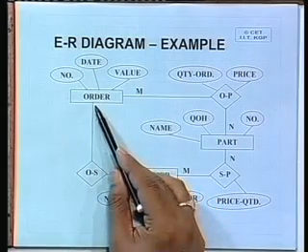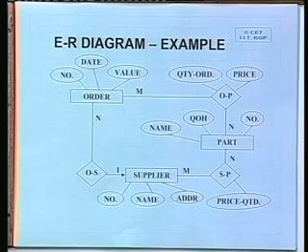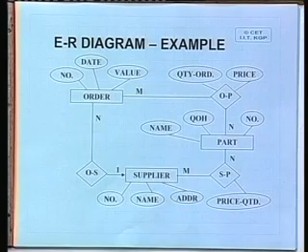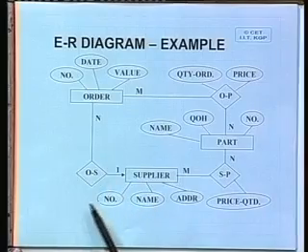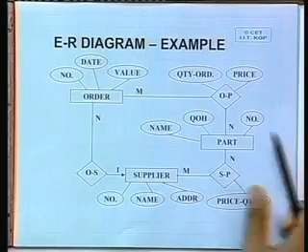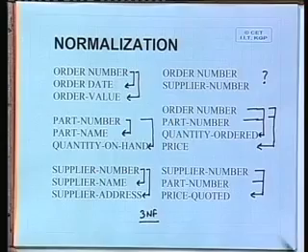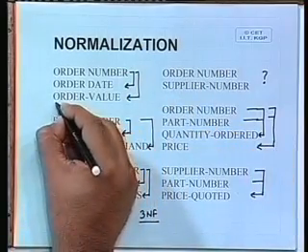So, an order is connected to only one supplier, but a supplier can have many orders. So, it is correct. So, we have a one to many relationship there. Now, since I have said you can reduce that order supplier, you can definitely make a small change in this. We can add the supplier number in this table.